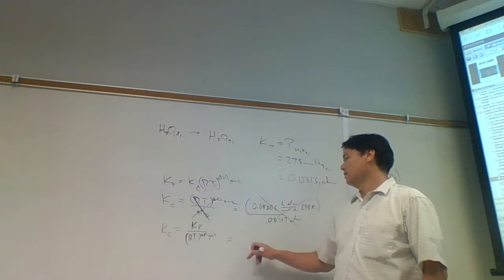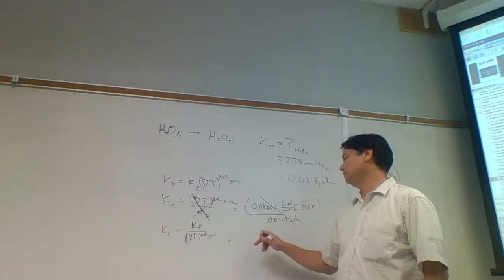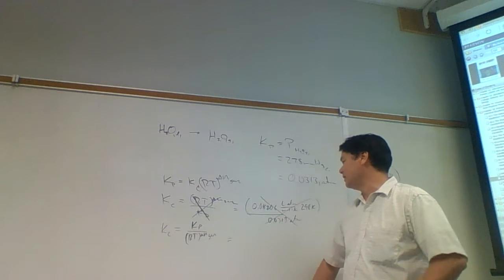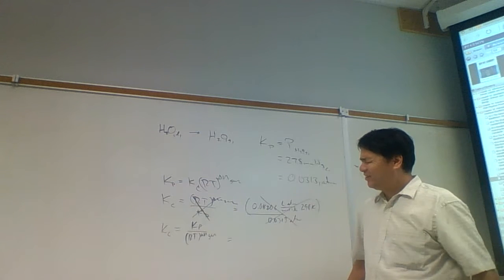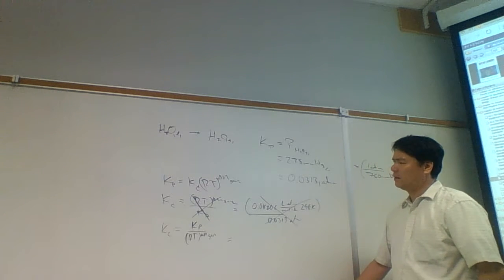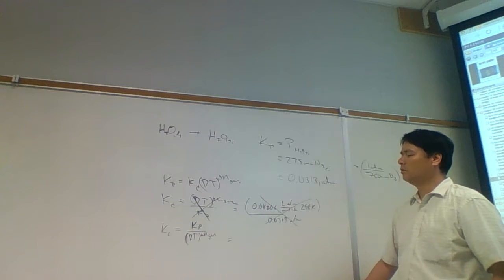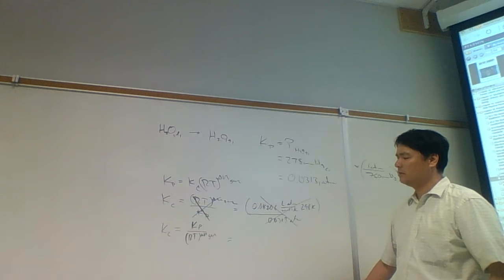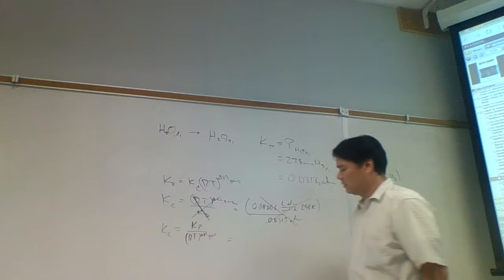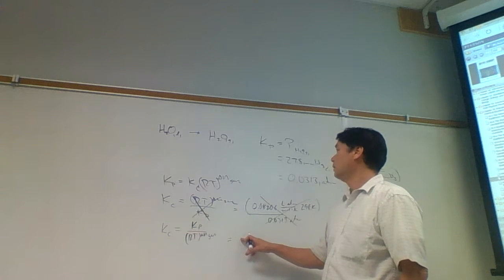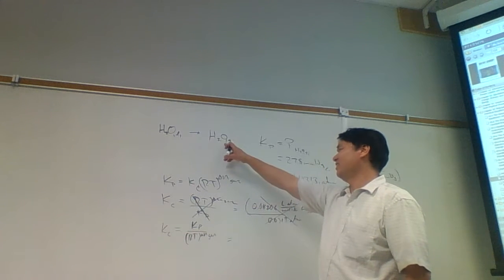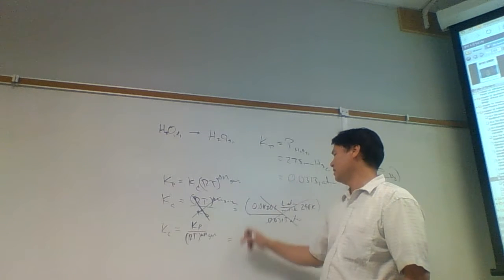But let's take a look at this. It depends on what delta N of the gas is, because the thing that could screw us up is if delta N of gas is 2, then we'll get molar squared. So what the heck is molar squared? But you would just leave it as dimensionless. In this case, what is delta N of gas here?